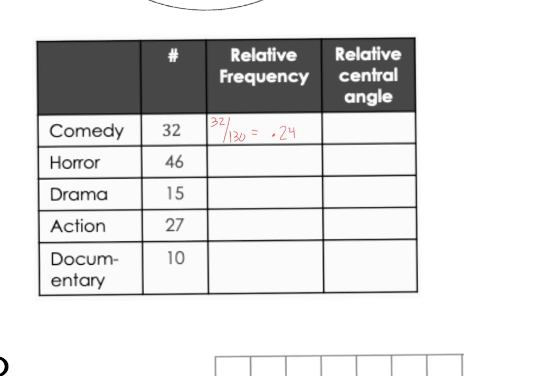Now I'm going to leave that as a decimal, because we're going to figure out how much of the pie graph it should take up, and I'll explain that in just a minute.